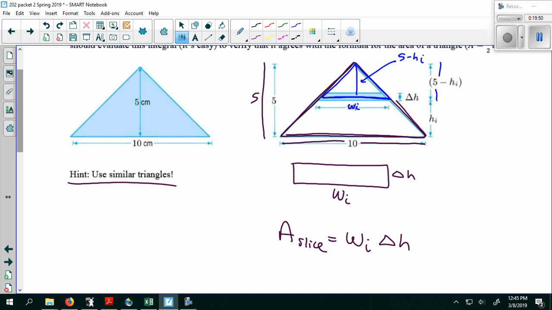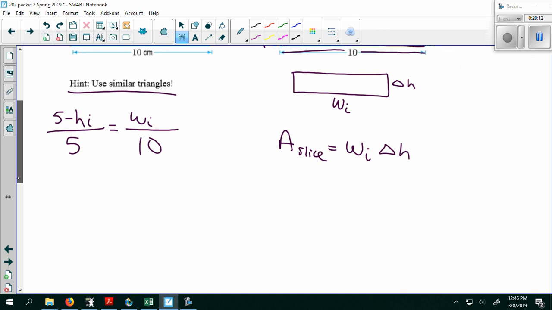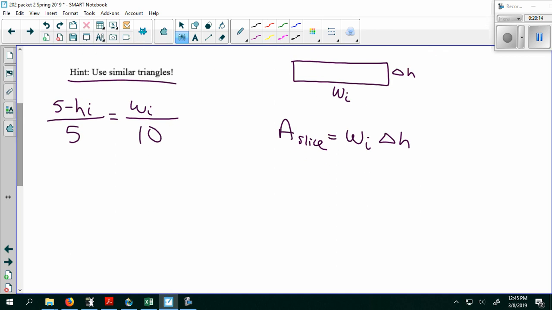So I can set up a proportion, small to big equals small to big. The height of the little triangle is 5 minus h_i, the height of the big triangle is 5. The base of the little triangle is w_i, and the base of the big triangle is 10. So I have a proportion that relates h's and w's.